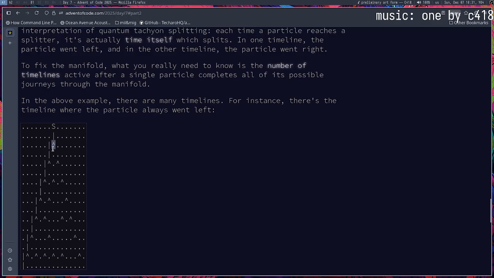And each time it goes down, and when it encounters a splitter, instead of calling one recursive function, it calls two recursive functions. Or something like that. That seems like the most obvious answer here.